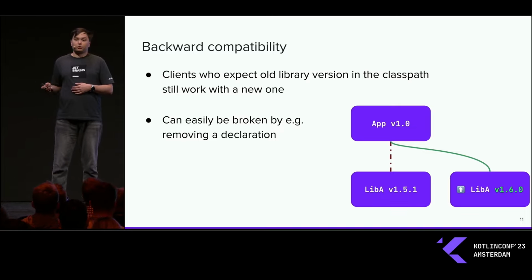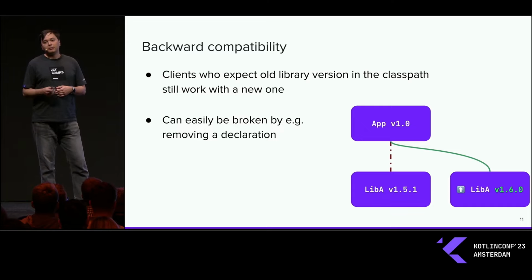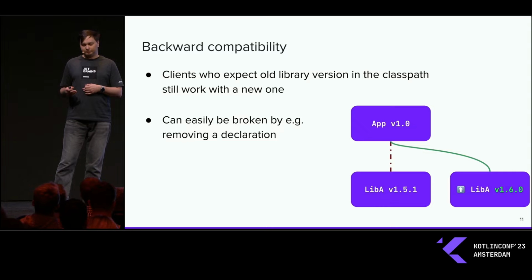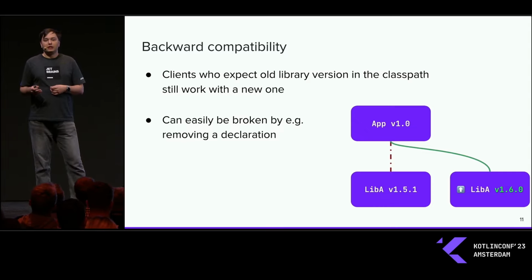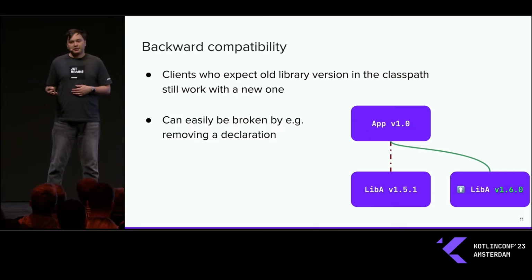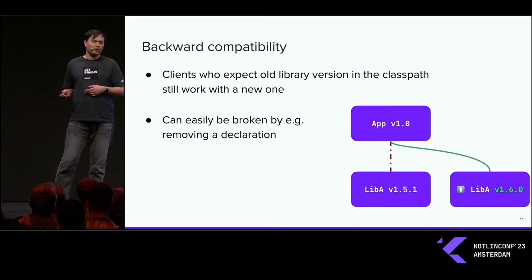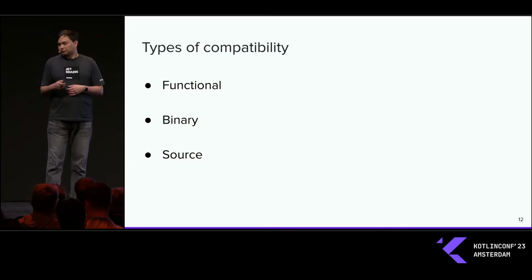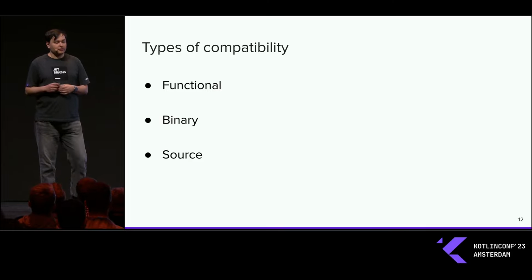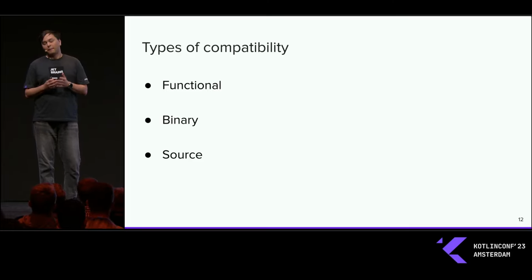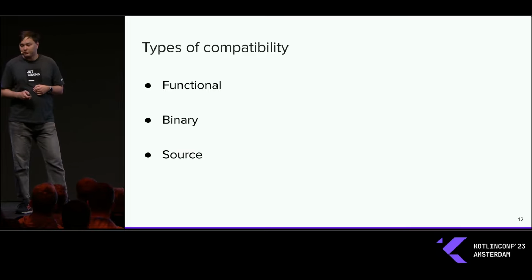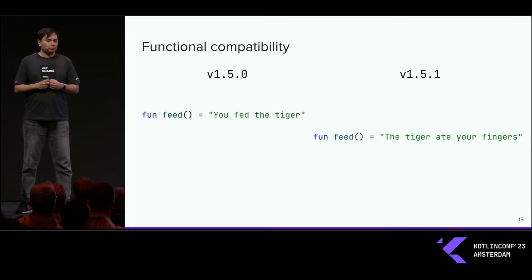There is also, of course, a notion of forward compatibility, but it is usually discussed when we talk about data storage and data schemas, like database schemas, protocol buffers, and so on. So it's not that related to the code. What is related to us are these types of compatibility. It can be functional, binary, and source. Let's break down each one.